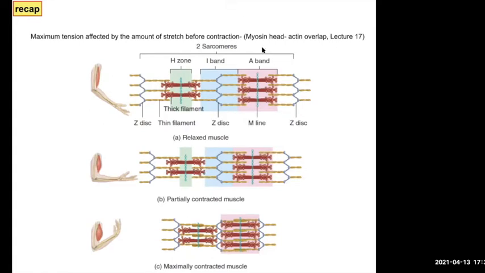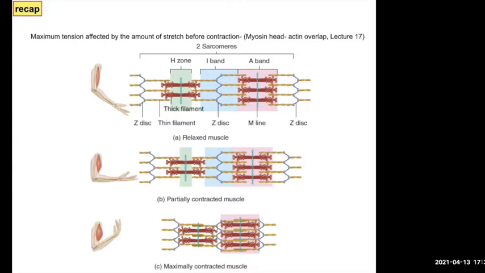The basic principle here was the overlap between the myosin head and the actin filament. That's the basic thing you want to remember, because the more overlap there is, the more gripping power the myosin head has on the actin filament, and the stronger that initial contraction can be.